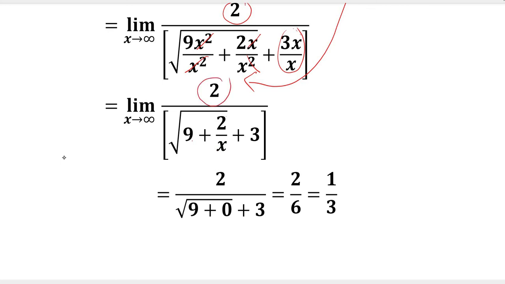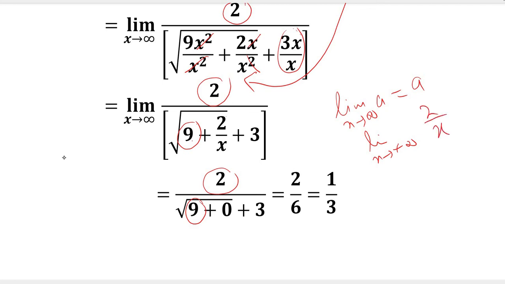So 2 is a constant, and the limiting value of a constant is that constant. Similarly, here is a constant, so it stays as it is, and the limit as x approaches infinity of any number divided by x, that means any number divided by infinity, is 0.